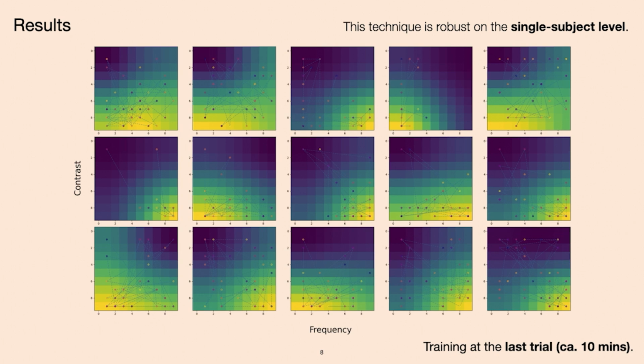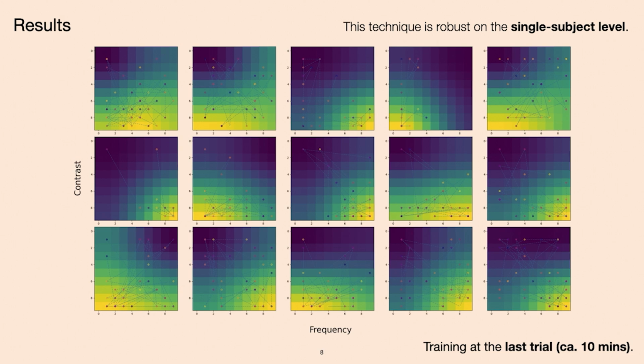But the point here is that this technique is robust on the single subject level. So we don't train a model and then use it to go over the data of each subject, but we train the model from scratch for each subject and each run, so that it finds the combination that is tailored for the participant inside the scanner.